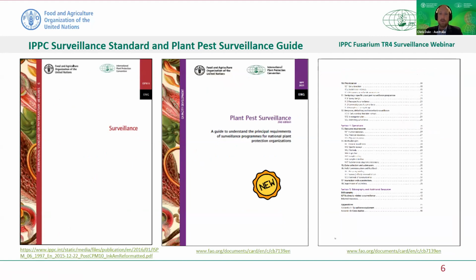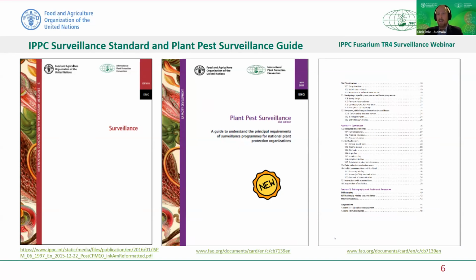So collectively, both the ISPM 6 standard on surveillance and the plant pest surveillance guide form the official suite of resources that the IPPC provides to MPPOs to support their national plant pest surveillance systems.